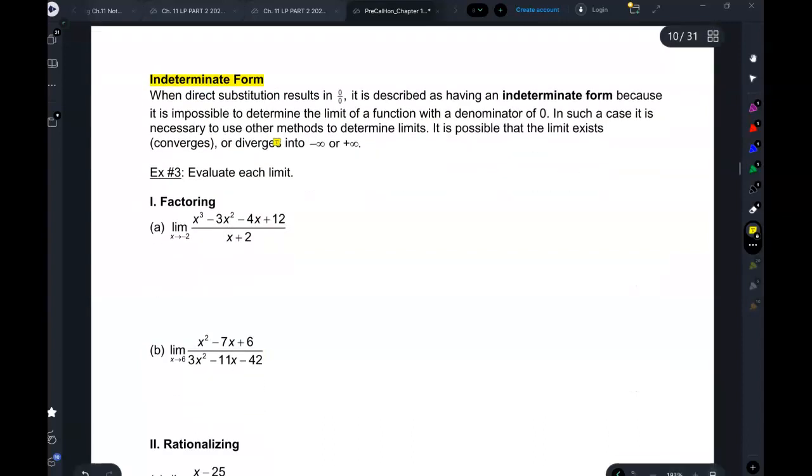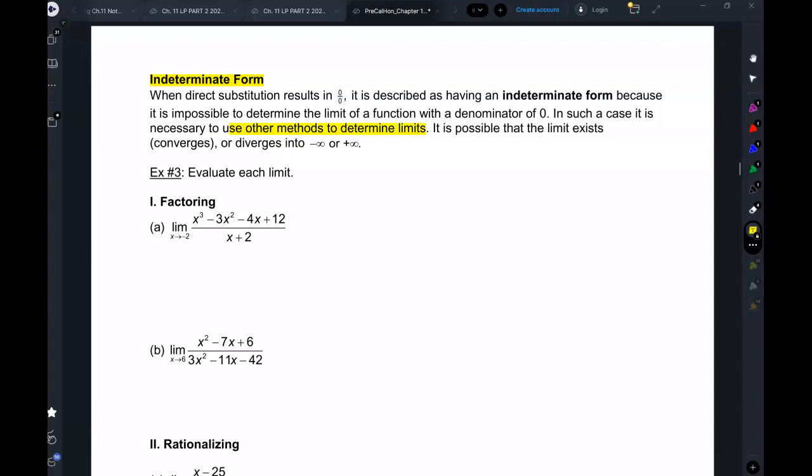0 over 0 is called indeterminate form because the function that gives you 0 over 0 can actually end up in more than one situation. A function that gives you indeterminate form, 0 over 0, needs to be simplified. So you have to use other methods to determine limits.